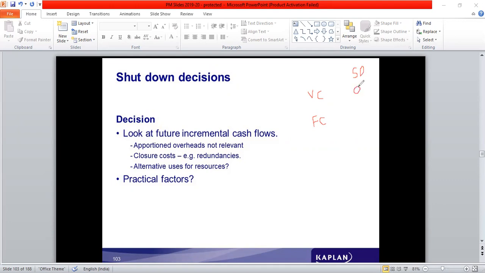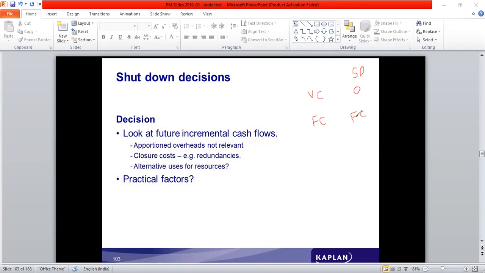So variable cost will be zero, but then fixed cost will continue to be incurred as it is. The sales minus variable cost is contribution. So contribution will be zero, fixed cost will be the same. If a greater amount of fixed costs are there, at least some amount of contribution, whatever is generated, will be able to recover these fixed costs.